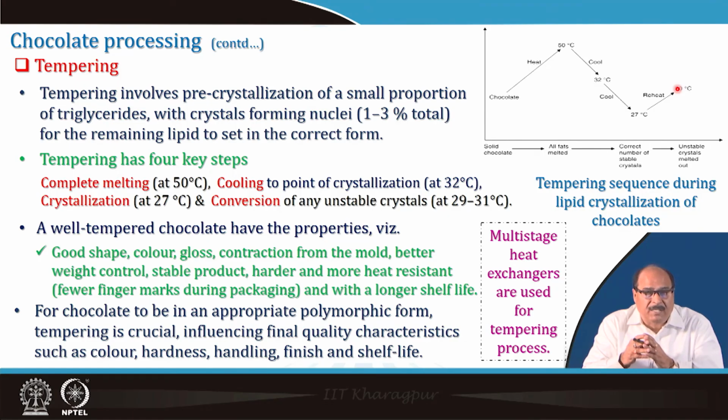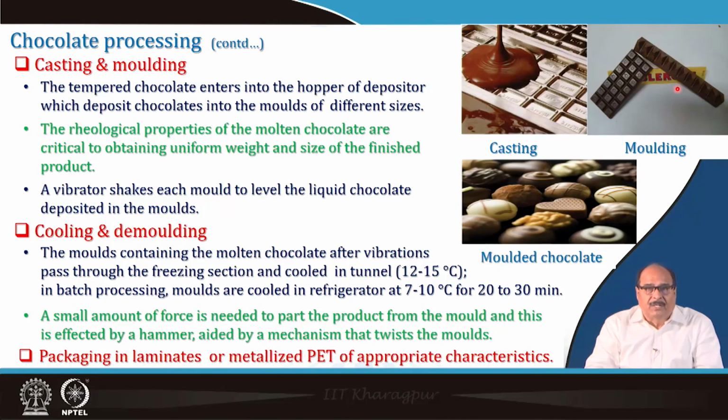For chocolate to be in the appropriate polymorphic form, tempering is crucial, influencing final quality characteristics such as color, hardness, handling, finish and shelf life. Okay. In fact, multi-stage heat exchangers are used for tempering of chocolate.